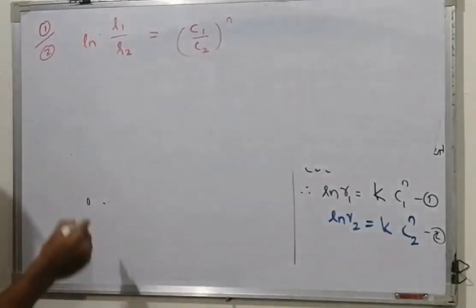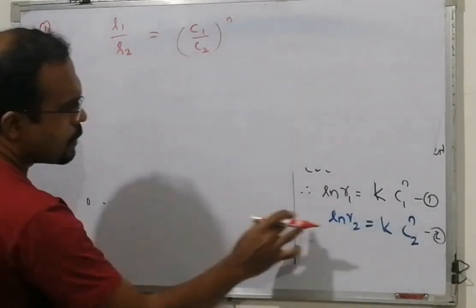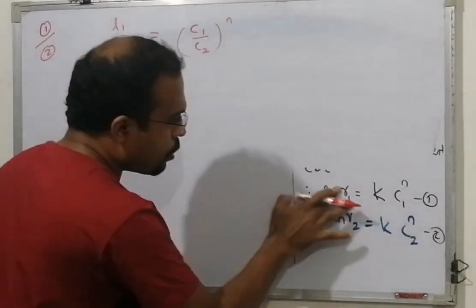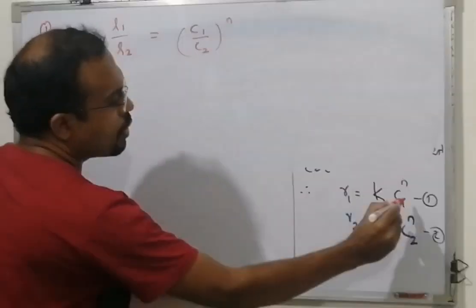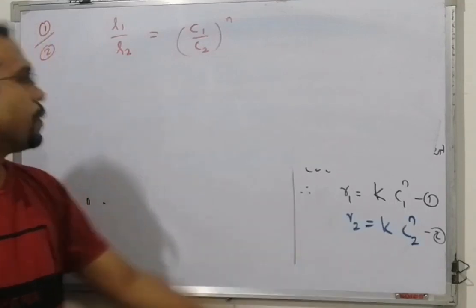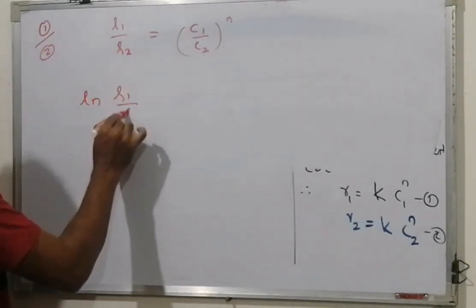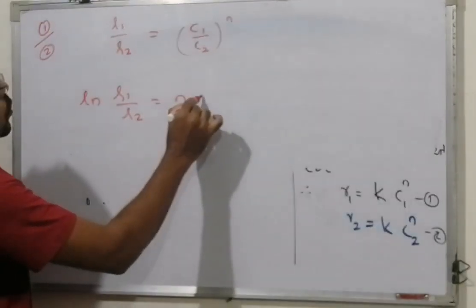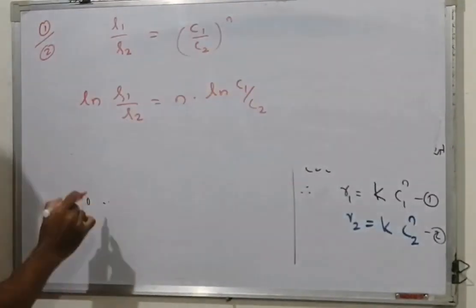I'm really sorry, something is wrong here. There is no ln in that step. Suppose R1 is equal to K into C1 raised to n, and R2 is equal to K into C2 raised to n. Now apply the ln. ln R1 by R2 is equal to n into ln C1 by C2. You bring this here.